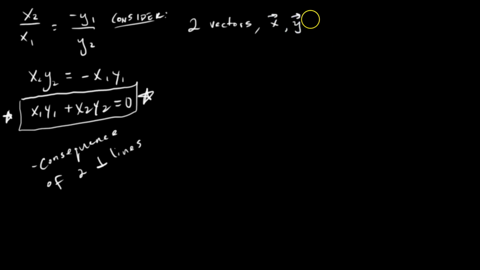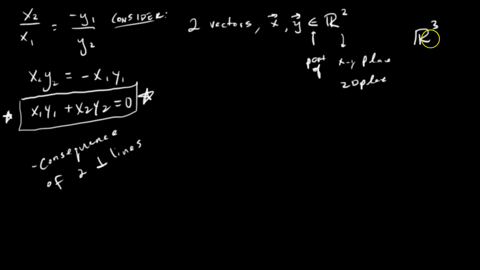This epsilon means part of, and this R2 means the xy plane, or two-dimensional plane. If I had something like R3, this would mean the three-dimensional space. But R2 just means two-dimensional plane. So this reads, two vectors, x and y, that are part of the two-dimensional plane. Okay? So let's consider that.